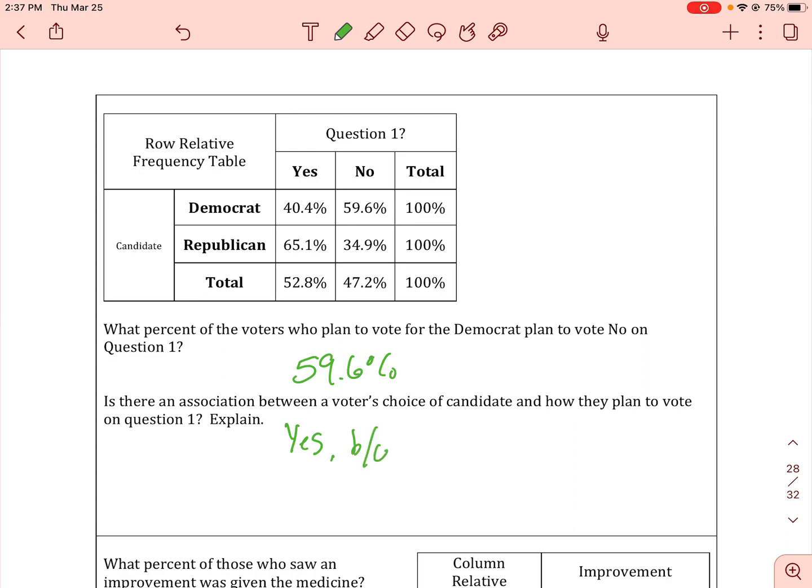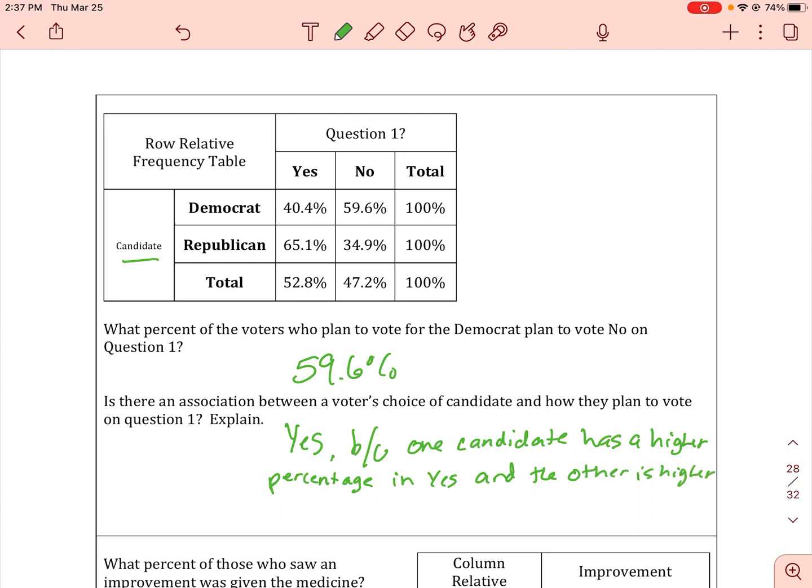Because this frequency table is in respect to the candidate, and one candidate has a higher percentage in yes, and the other is higher in no.